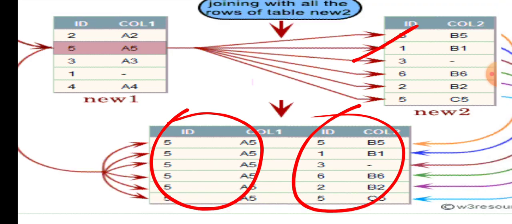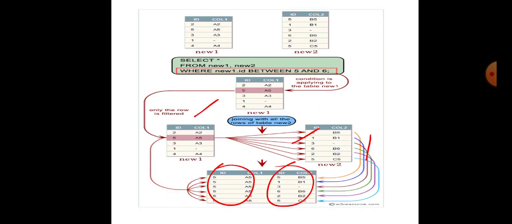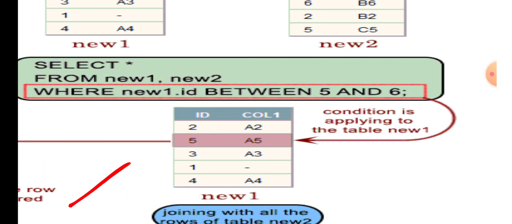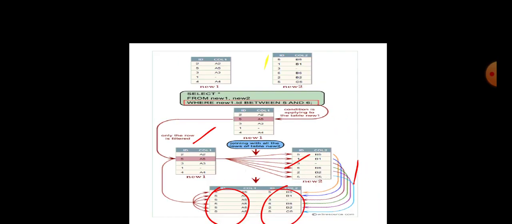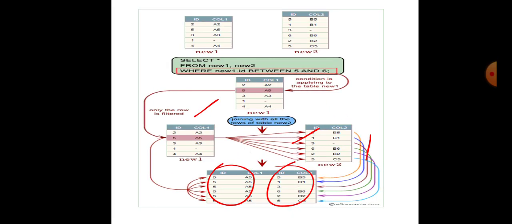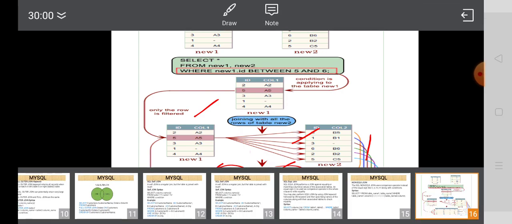When we apply the command select star from new1, new2, where new1.id between 5 and 6, that is the result we get after the execution of that statement.